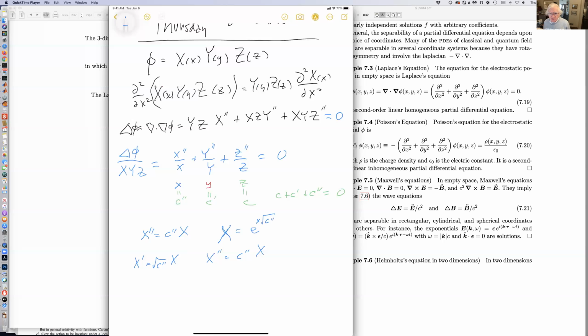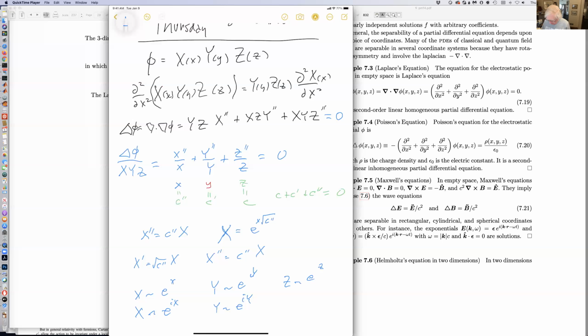And so you typically have, in these cases, either growing exponentials like x goes as e to the x, y goes as e to the y, z goes as e to the z, or x goes as e to the ix, y as e to the iy.